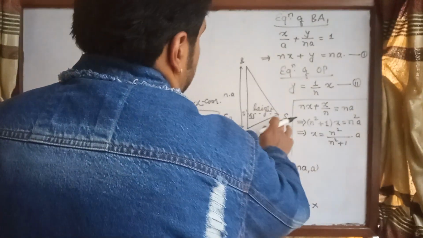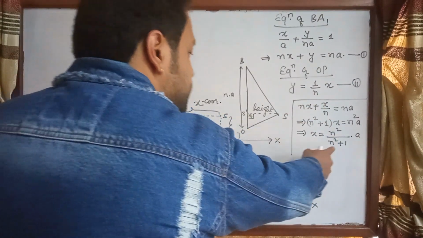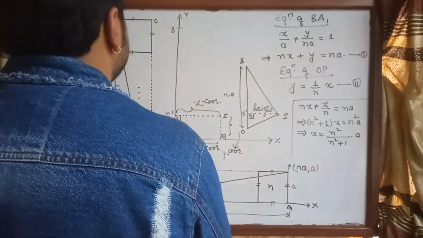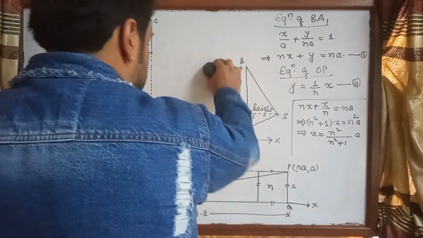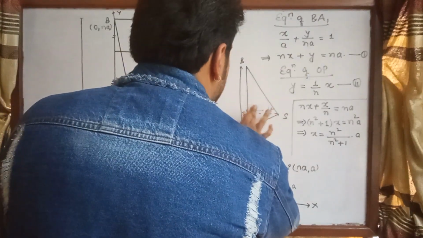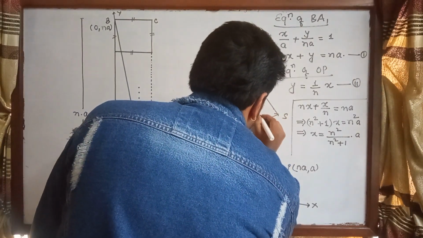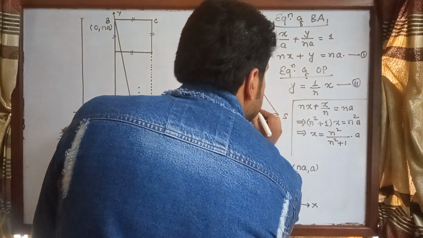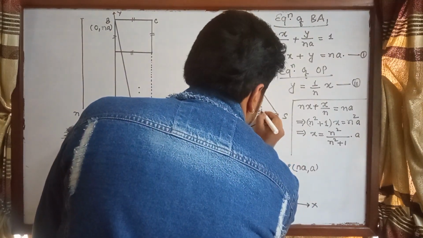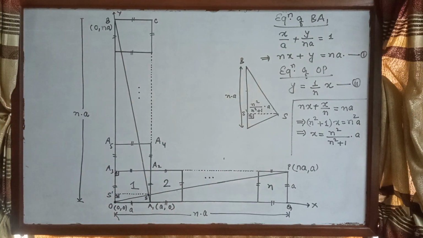So S dash is the x coordinate of S, which is n squared over n squared plus 1 times a. This was n times a. So we're basically done.